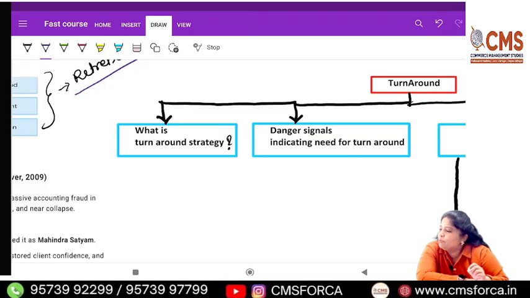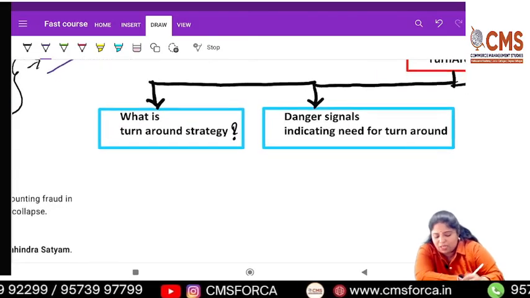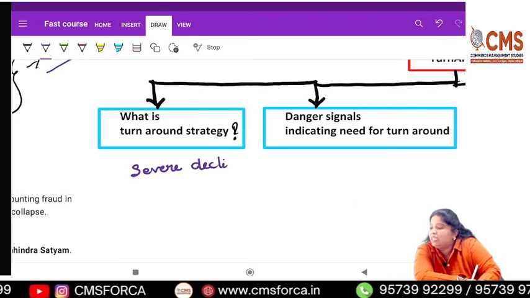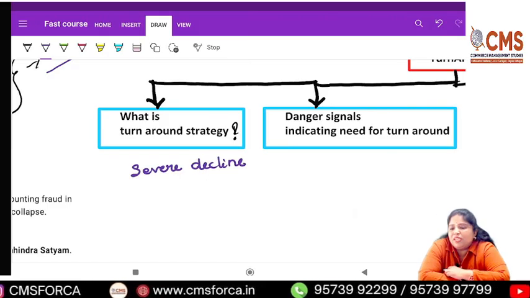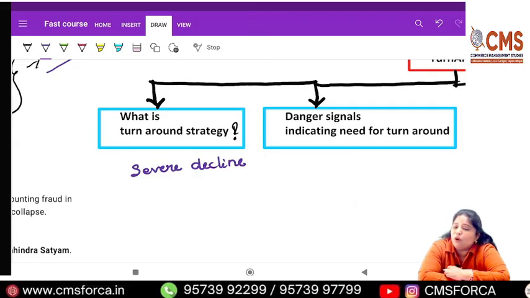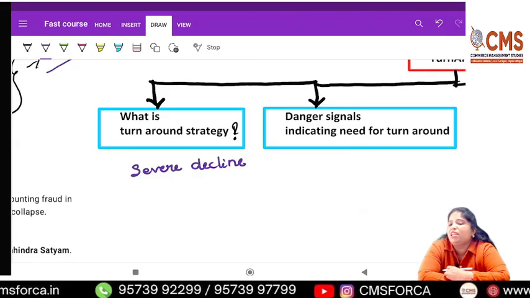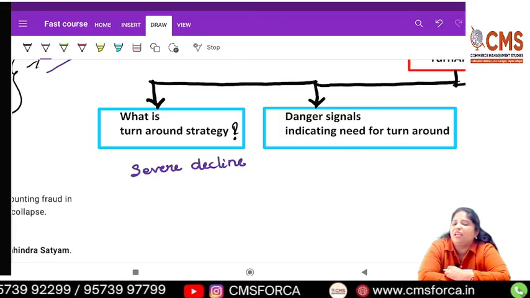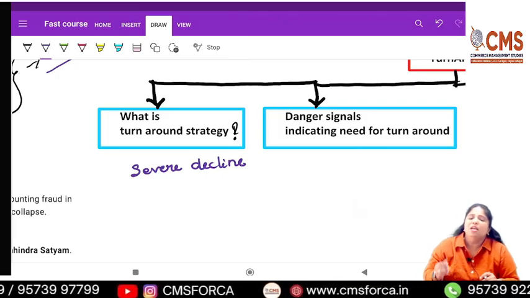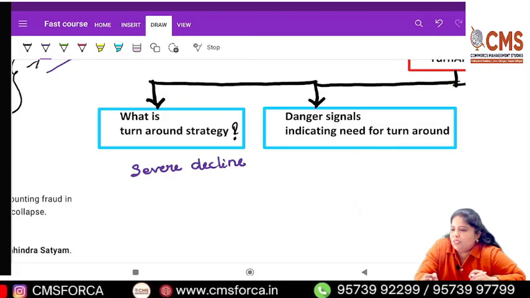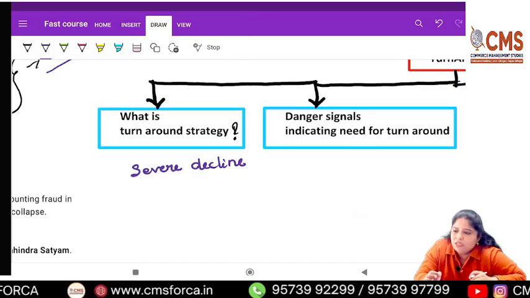Turnaround strategy is basically necessary for those organizations which are facing a severe phase of decline. They want to somehow get back to their normal course of operations, improve their efficiency of operations and gradually grow further. Such types of organizations can choose a turnaround strategy.